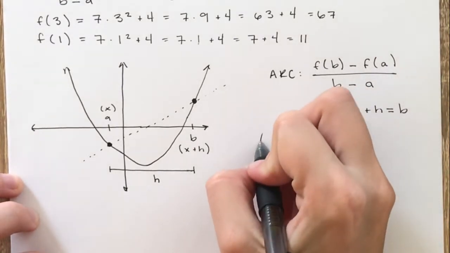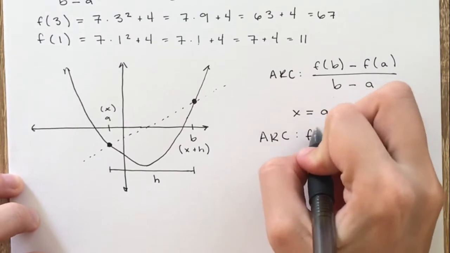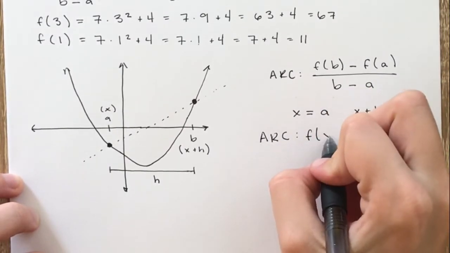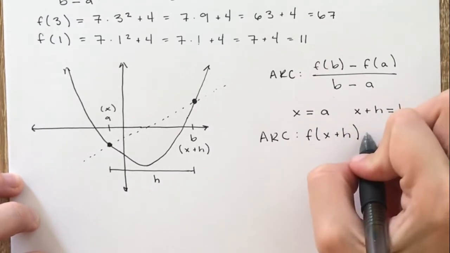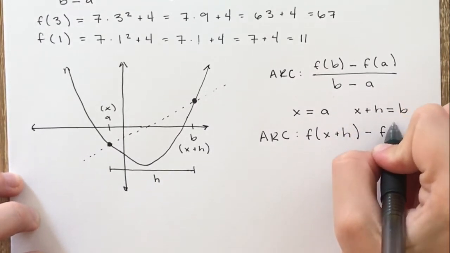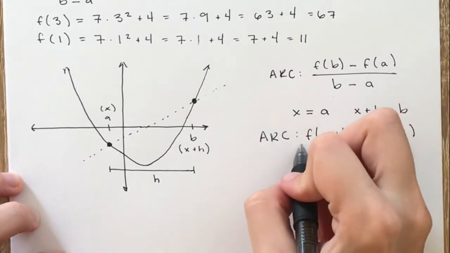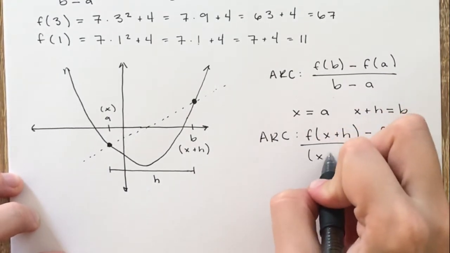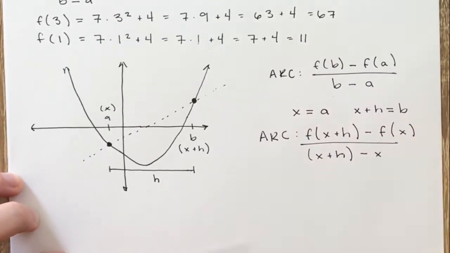So we can rewrite our average rate of change as f of x plus h, right? B is x plus h, so we're just replacing it here, minus f of x, which was a, over x plus h, right? That's b again, minus x.